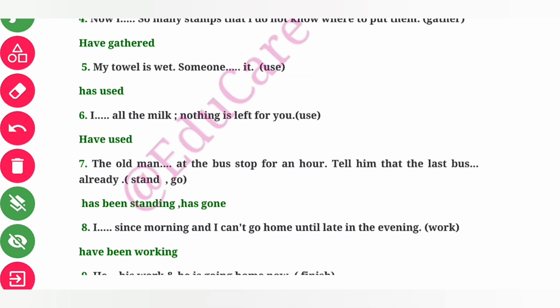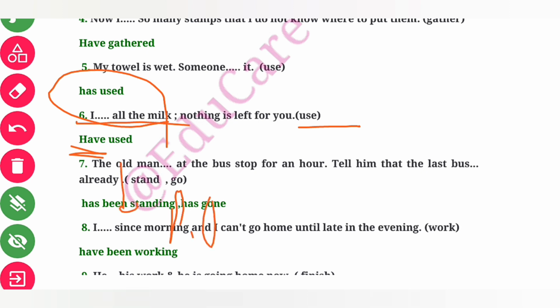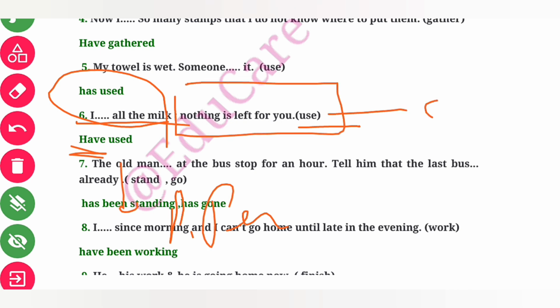Alright. Number 6. I dash all the milk. Nothing is left for you. Again, use have. Have will be with I, then have, then used all the milk. Nothing is left for you. I have used all the milk, मैंने सारा मिल्क यूज़ कर लिया है, कुछ भी नहीं बचा है. ठीक है, तो आप एक तरफ देखेंगे the first action which is going in present perfect tense and nothing is left for you. आप ये देखेंगे तो ये कहीं ना कहीं simple tense की बात कर रहा है ना, simple present.